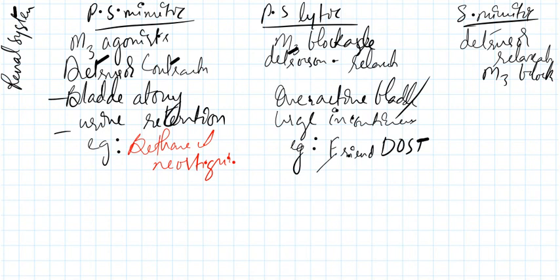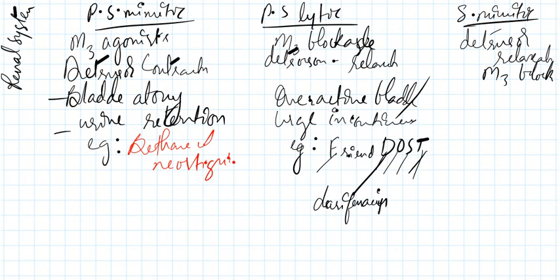Listen carefully. F for fesoterodine, darifenacin, oxybutynin, solifenacin, tolterodine, trospium. This darifenacin is a very important drug. Remember this. Darifenacin, oxybutynin, next solifenacin, tolterodine, trospium. And F for fesoterodine. Very, very important.